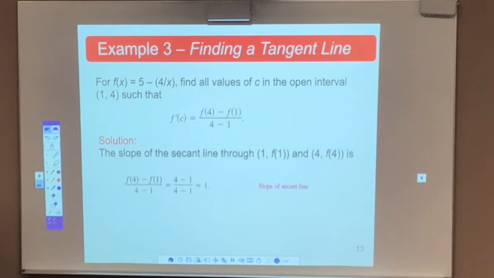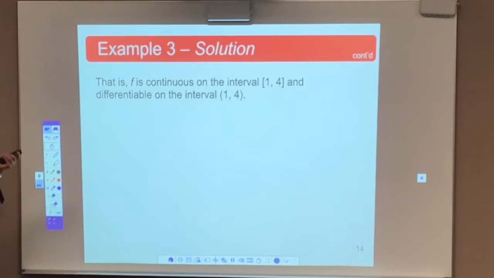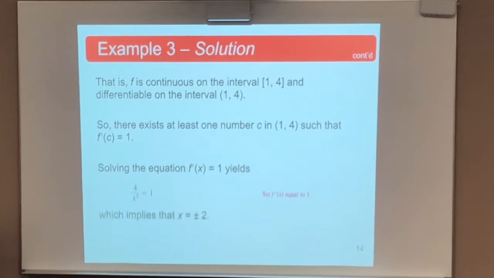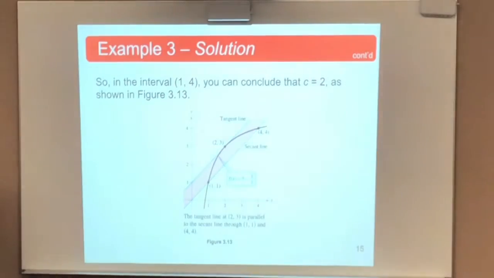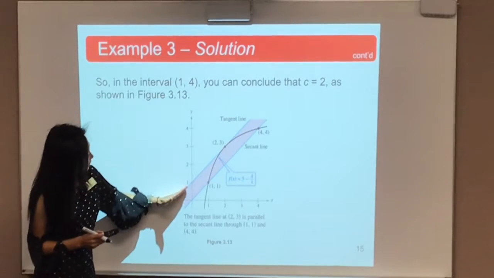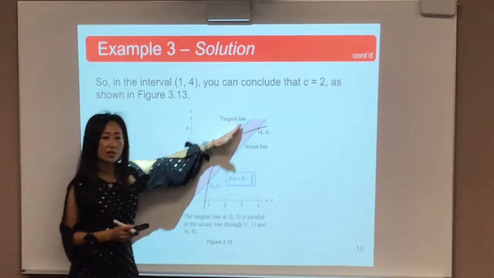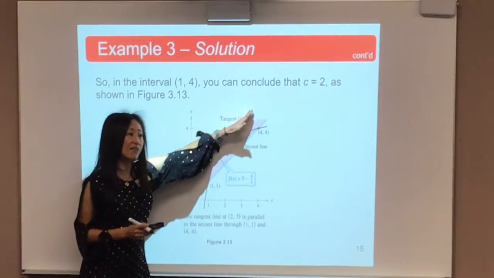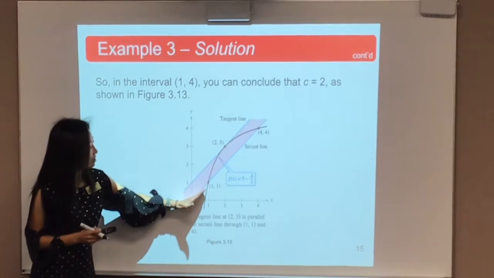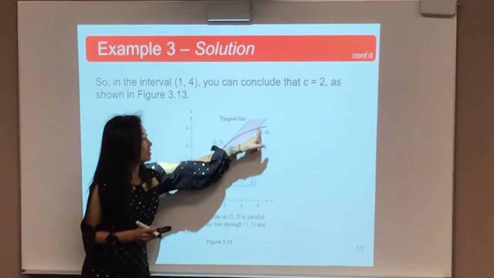So let's go over what they're doing. So I found this, and then you found this. This is a graph. So you found right here, this is the tangent line. Are you with me, class? That's your slope. I can find the tangent line that's parallel to the secant line, which is through your endpoints.